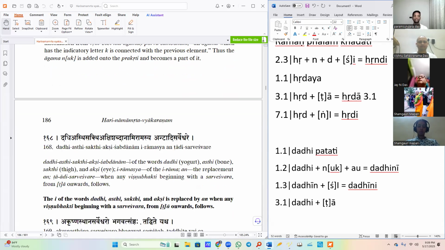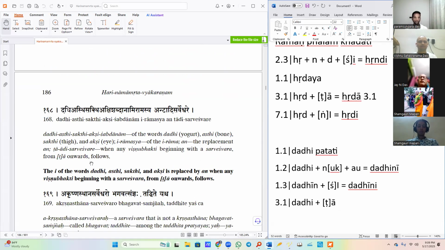Now the sutra says: dadhi asti sakti akshi shabdanam e ramasya an tadi sarveshware. The vamana e of the words dadhi, yogurt, asti, bone, sakti, thigh, akshi, eye, is replaced by an, when we have any Vishnu Bhakti following, beginning with the Sarveshwara from ta onwards.